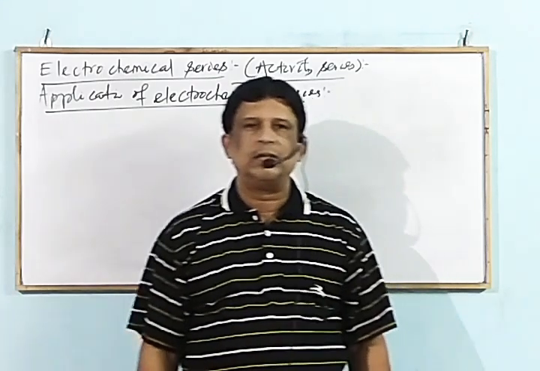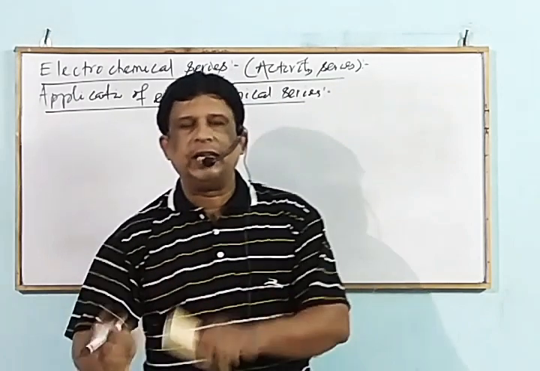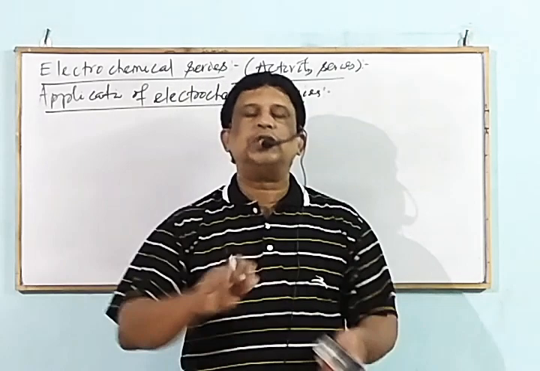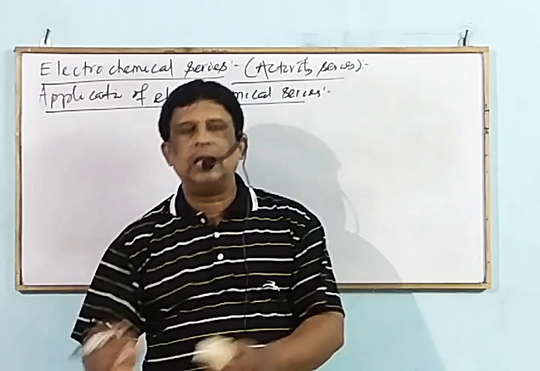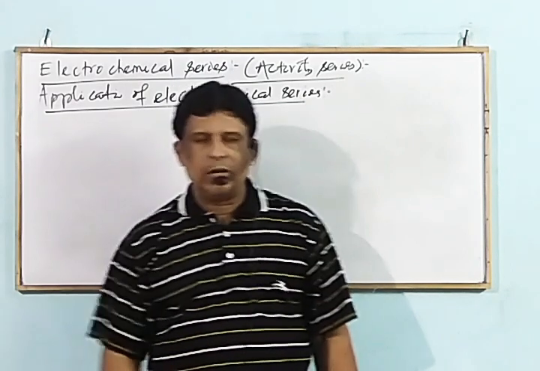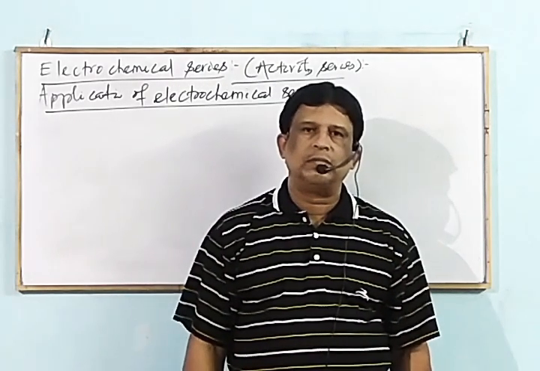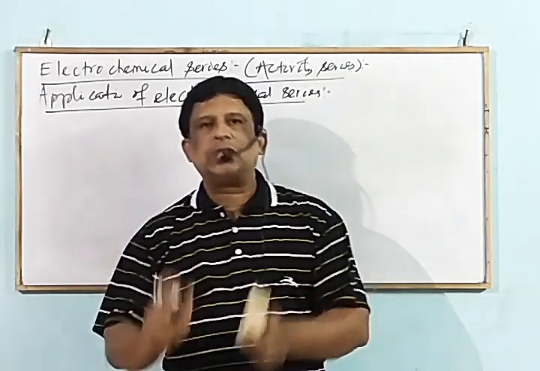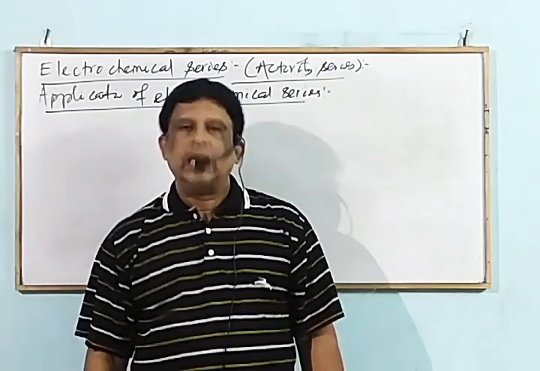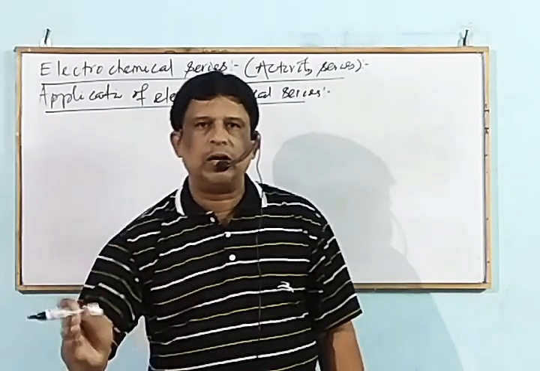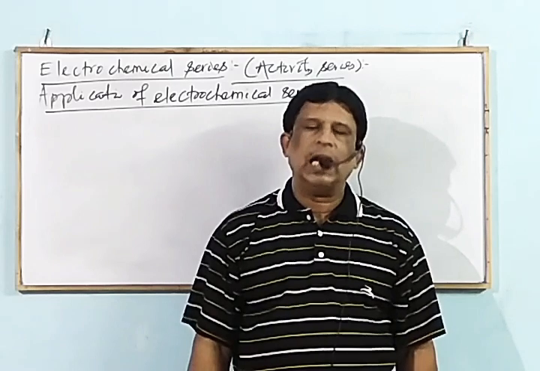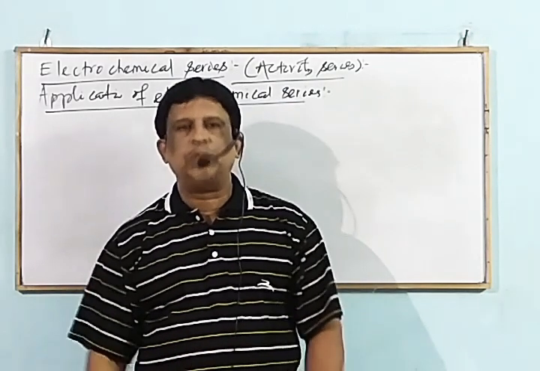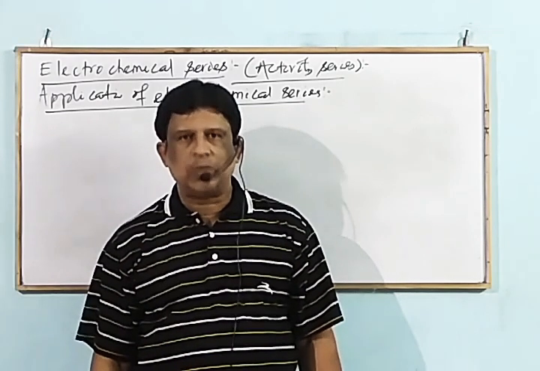Next point is to check the reactivity of the elements, that means which element is more reactive and which is less reactive from their reduction potential value. Next, to predict whether a metal reacts with sulfuric acid and liberates hydrogen gas or not. And last one, to compare the oxidizing or reducing property. Let us discuss one by one.